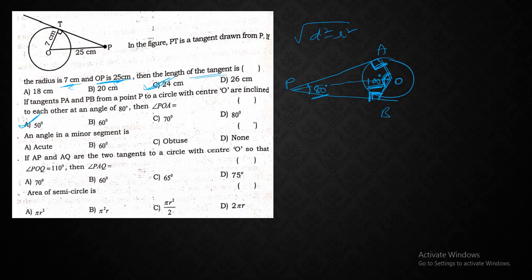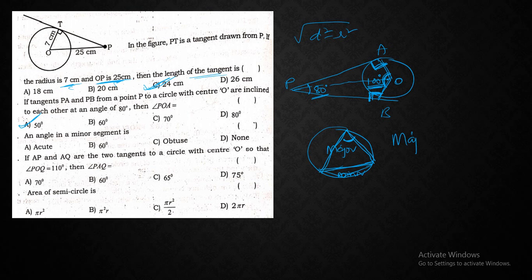Next, angle in a minor segment. So if you observe, in a circle, if a chord is drawn, so this is my major segment and this is my minor segment, right? So in major segment, if you consider with respect to this chord any angle, all these angles will be acute angles, whereas in minor segment all the angles will be obtuse.